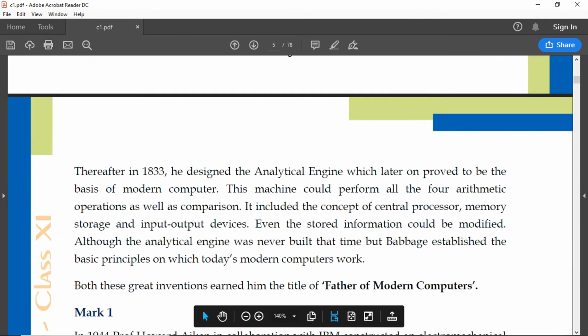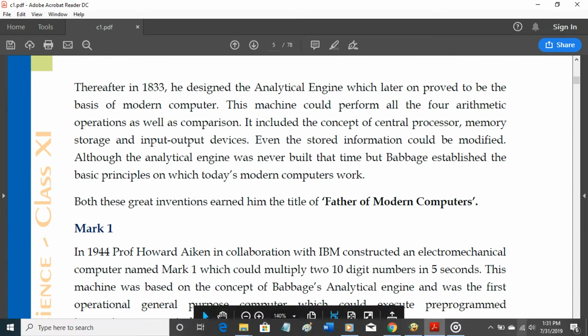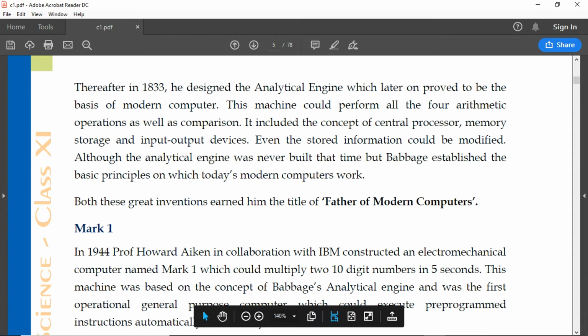Thereafter in 1833, he designed the analytical engine which later on proved to be the basis of modern computer. This machine could perform all the 4 arithmetic operations as well as comparison. It included the concept of central processor, memory, storage and input-output devices. Even the stored information could be modified.